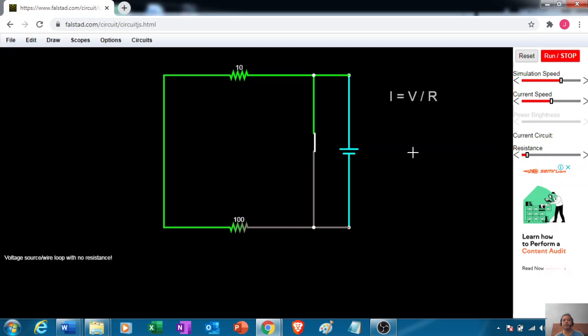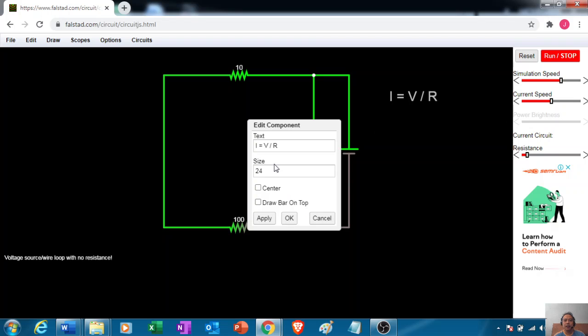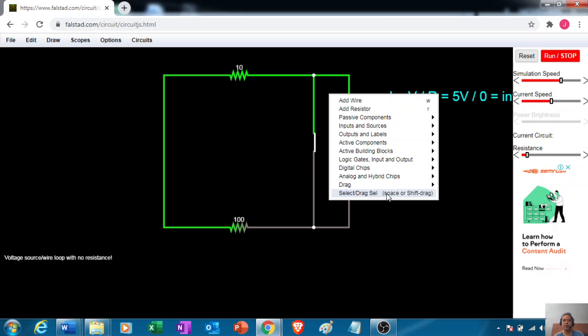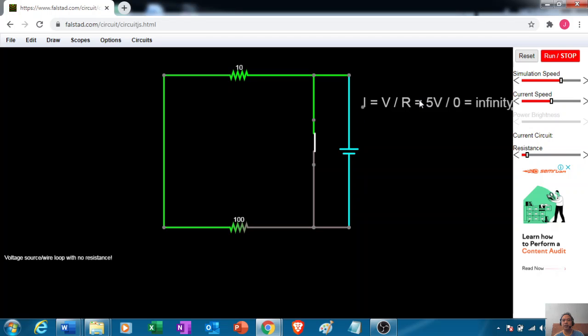Okay, so if we're going to solve for the current, let us say the voltage is 5 volts divided by 0, so that is a very large number. Okay, so that's why in this scenario it will explode. So 5 volts divided by 0 is actually infinity or a very large number. So you have an infinite current that is produced, and that is very dangerous.